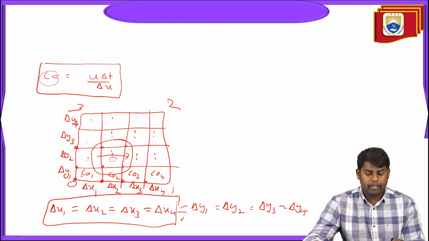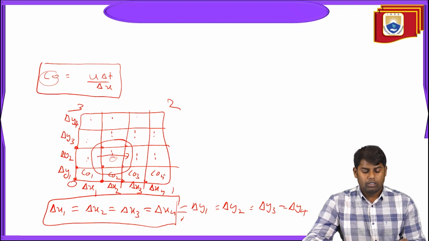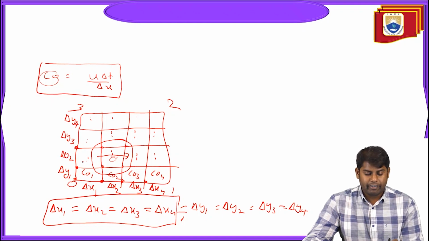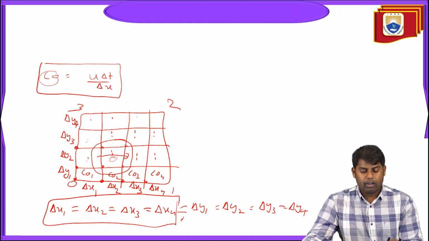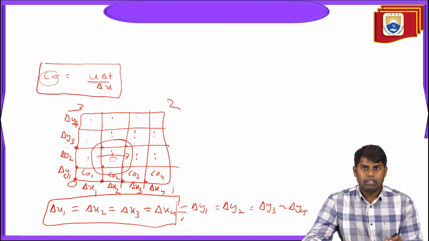What is the meaning? Coherent number of the first cell, second cell, third cell, fourth cell. Likewise, we have the coherent number for other cells. So when we perform the numerical simulation, the coherent number will change with cell and in overall.